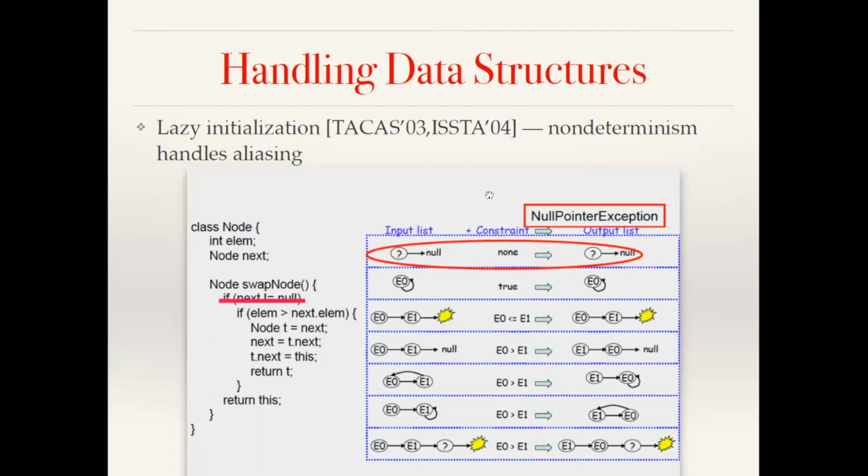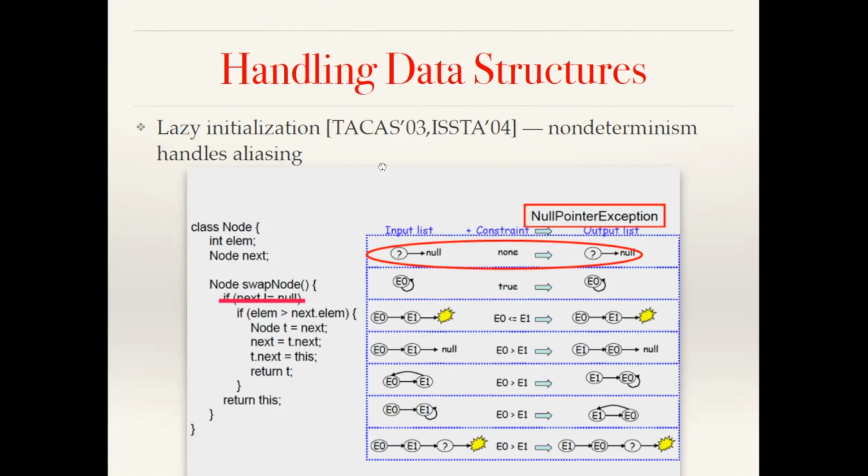We also had some papers at ISSTA and later about this work, and over the years these papers also won several awards, so they were also used by other people in their work. The idea is that we use the non-determinism that we inherited from the Java Pathfinder model checker to handle aliasing. I'll illustrate this with simple examples.